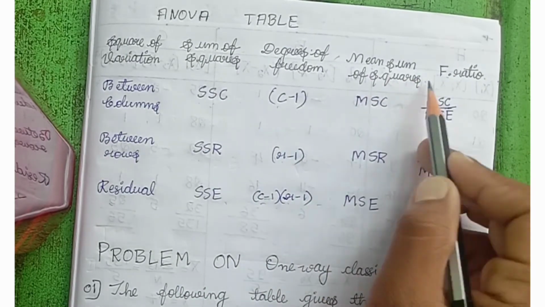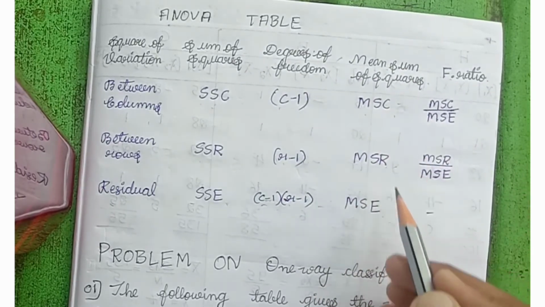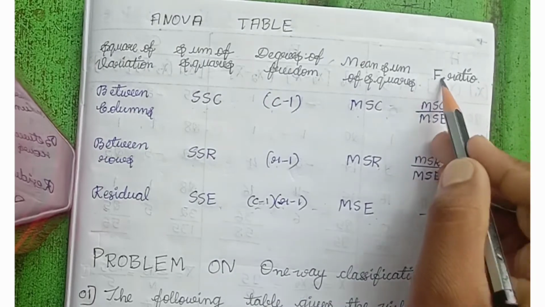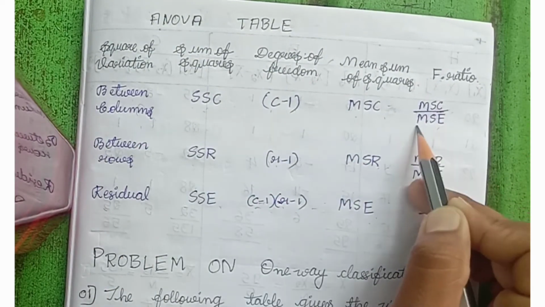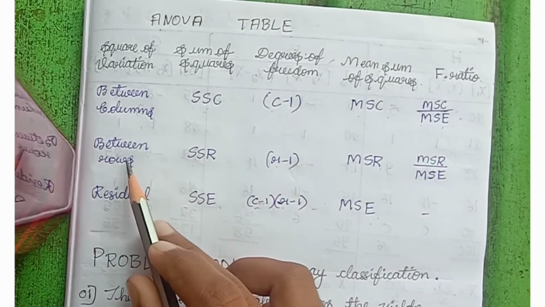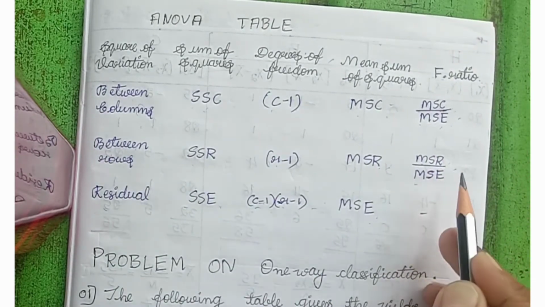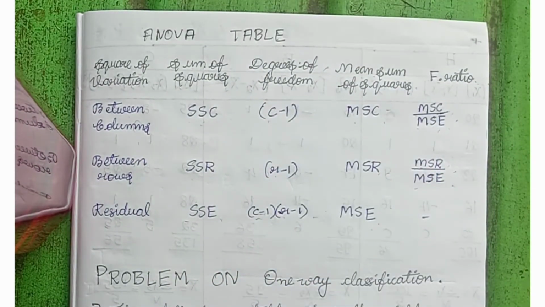And under mean sum of squares, MSC, MSR and MSE. Columns, rows, errors. And F ratio between columns, what do we calculate? MSC divided by MSE. That value we write here. And between rows, MSR divided by MSE. This is the way, the steps we have to follow in the two-way classification ANOVA.